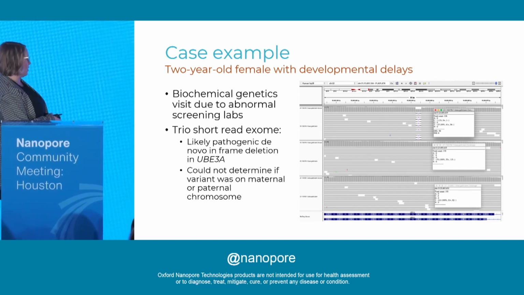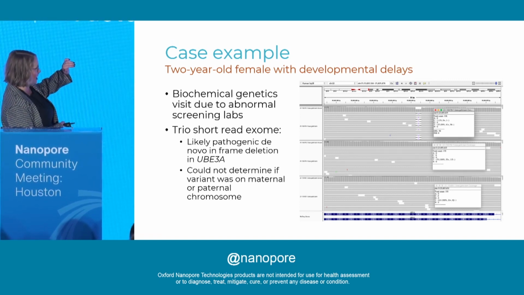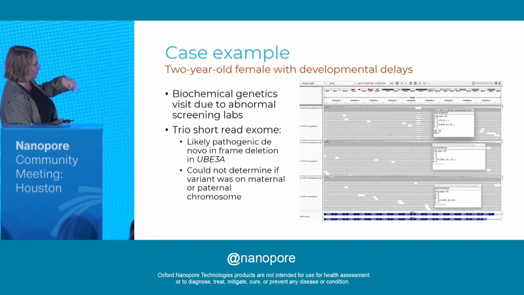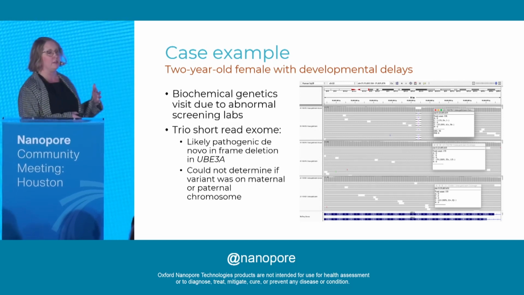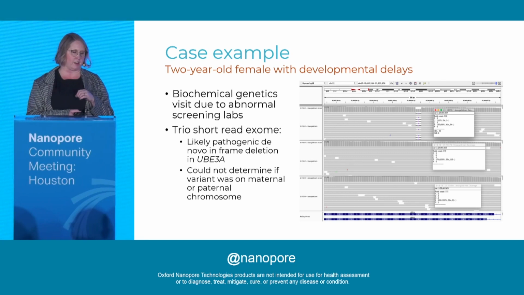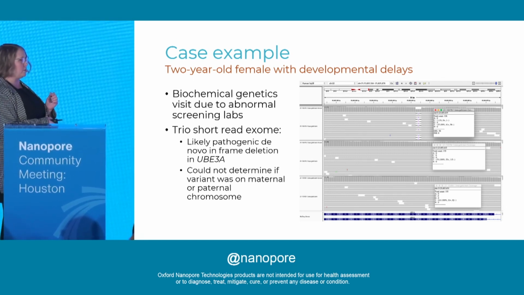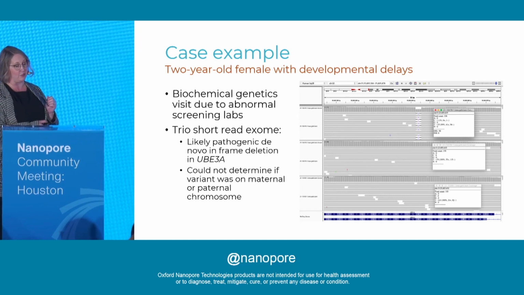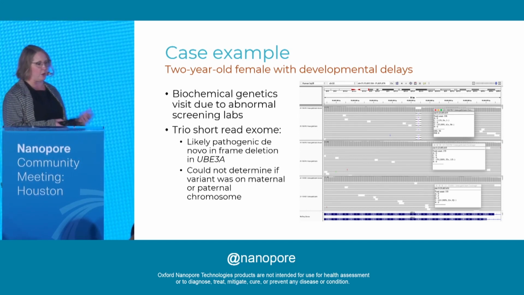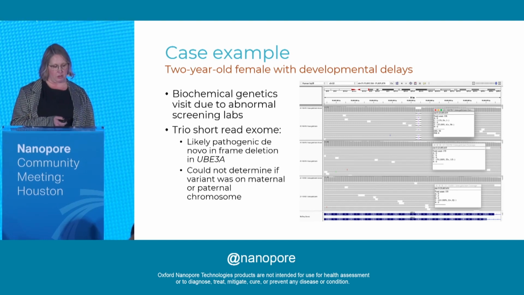What we found there, with the proband sample on top and the 2 parents on the bottom, was a de novo in-frame deletion within the UBE3A gene. What short read sequencing couldn't tell us is whether or not it was on the maternal or paternally derived chromosome 15, but based on this individual's clinical presentation, it was consistent with a diagnosis of Angelman syndrome.